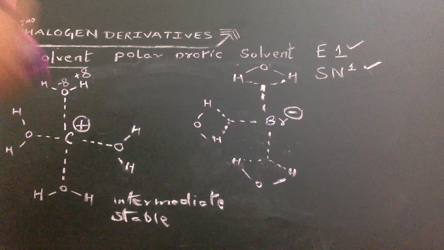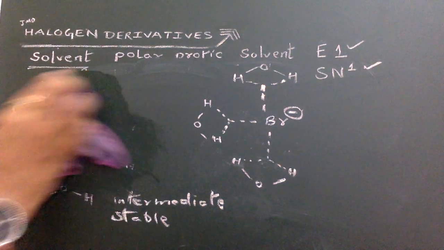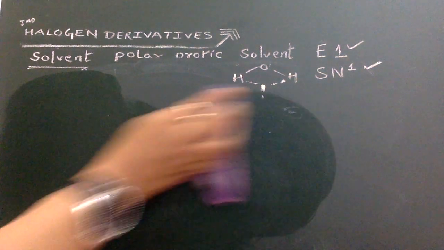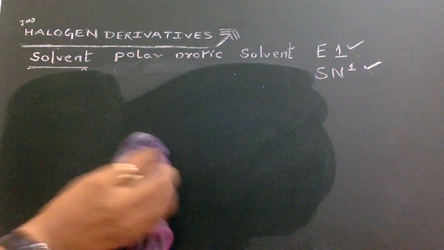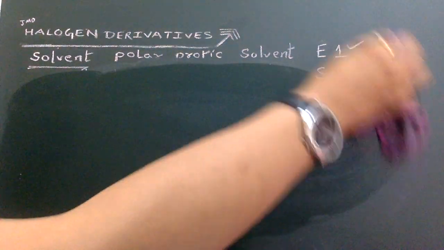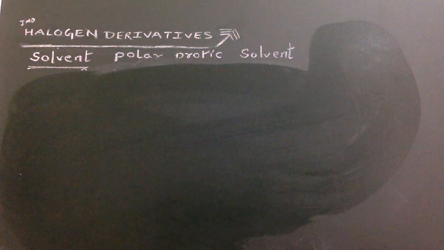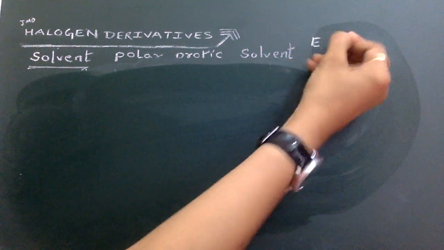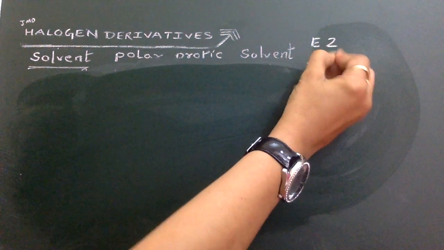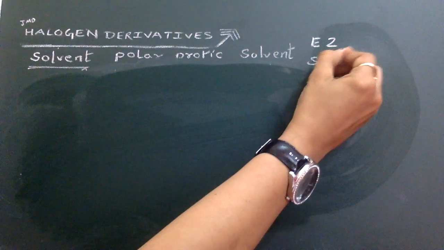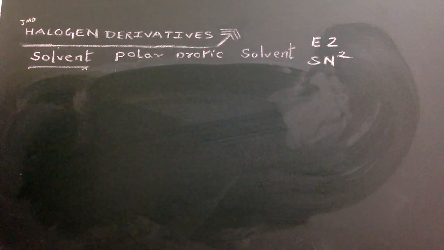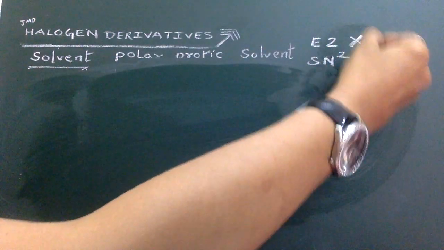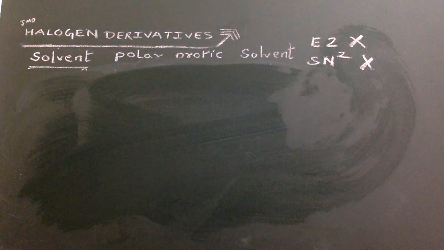While if I see E2 and SN2 reactions, they are not favored in the polar protic solvent. Why?